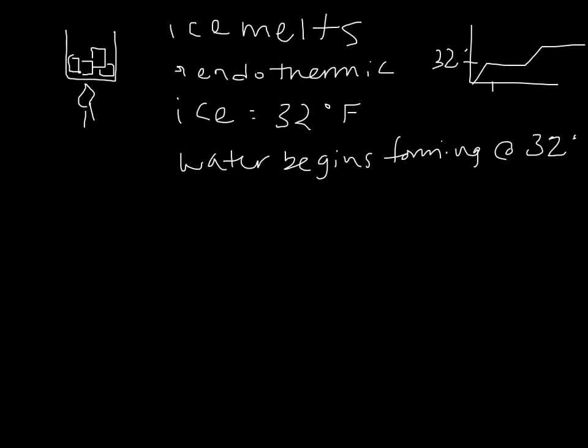So during this time, the temperature is remaining the same, even though energy is being added to the system. All the energy is going into making ice cubes turn into water. So we have to remember that it takes energy to convert the ice to water. At the instant the ice melts and water forms, they're both 32 degrees, and the heat energy is used by the ice to change it into water.